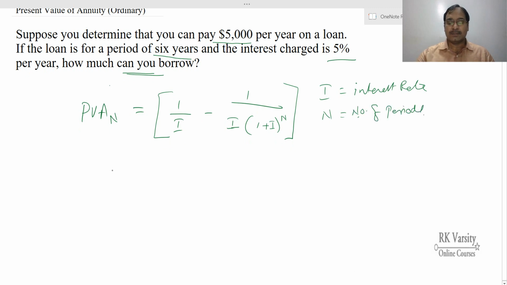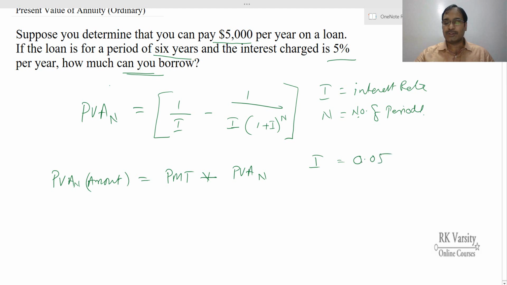To get the present value annuity amount, that is how much you can borrow, this equals PMT, that is the payment you can make per year, times the present value annuity factor ordinary. In this case our interest rate I is 5%, that is 0.05, and N is 6 years.